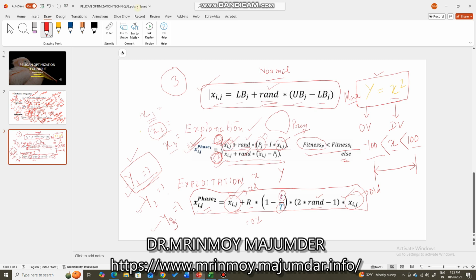Okay, and you can also change the number of agents from 3 to 5, 5 to 10, any number, no restriction is there. Clear? And each agent can be n dimensional. That means it can be 1D, 2D, 3D, so each x can hold more than one value, right?